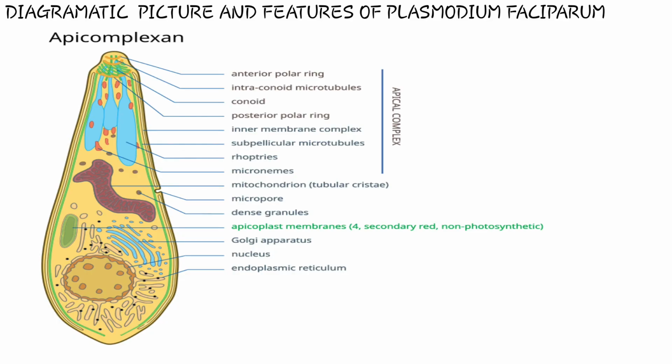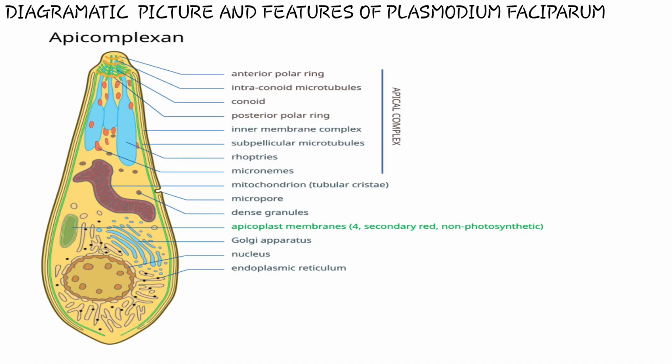In the diagrammatic feature of the apicomplexan, we see an anterior polar ring at the apical complex. It has an anterior polar ring, intraconoid microtubule, conoid, posterior polar ring, and also an inner membrane complex, subpellicular microtubules, and apical organelles, which are found at the apex of this apicomplexan: rhoptries and micronemes.